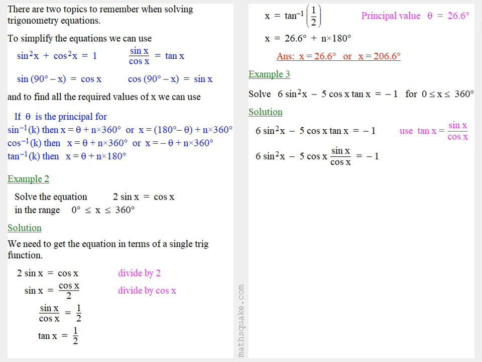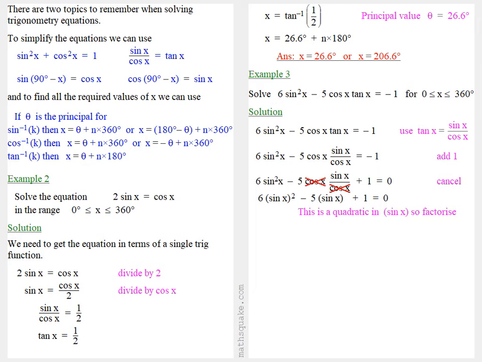So we have 6 sin squared x minus 5 cos x times sin x over cosine x equals minus 1. Well, we can start by adding 1. So 6 sin squared x minus 5 cos x times sin x over cos x plus 1 equals 0. And we can cancel the cos x. So we have 6 times sin x all squared minus 5 times sin x plus 1 is equal to 0.